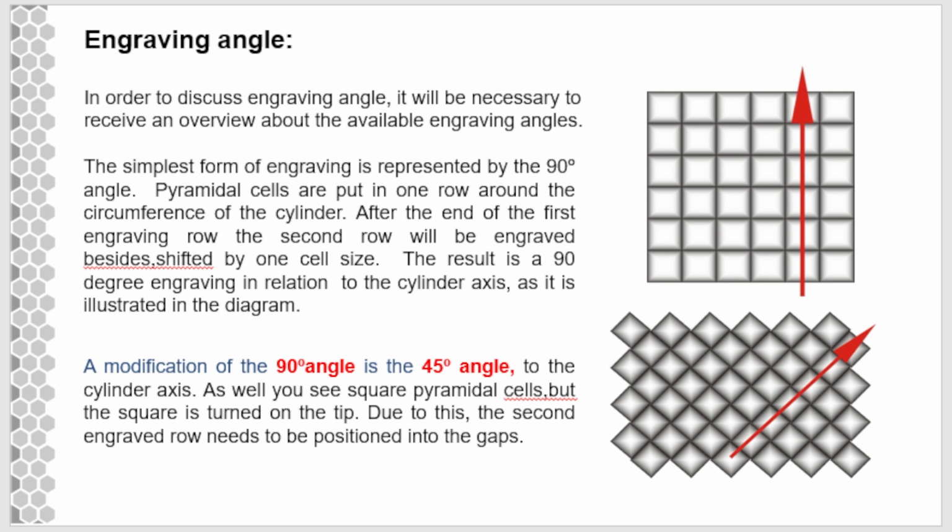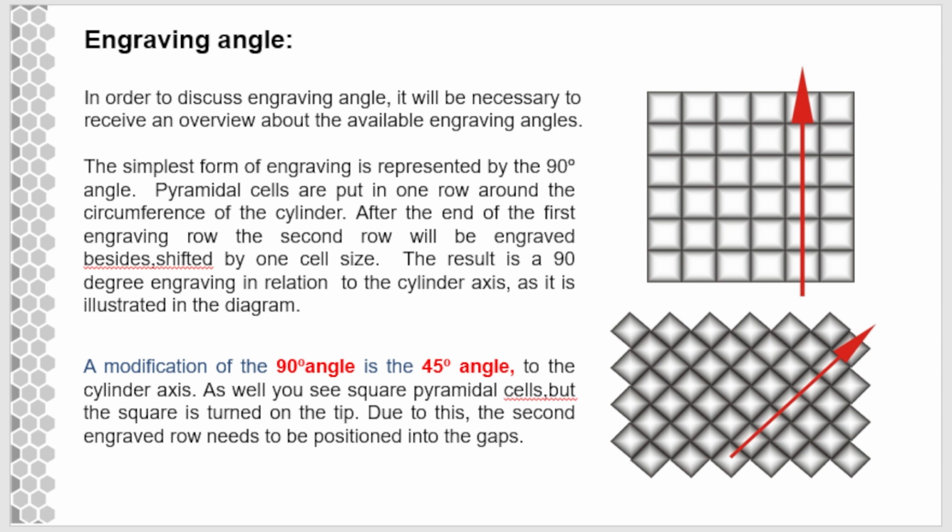Here I am showing you the illustration, the figure for different engraving angles. In order to discuss engraving angle, it will be necessary to get an overview of the available engraving angles. The simplest form of engraving is represented by the 90-degree angle.